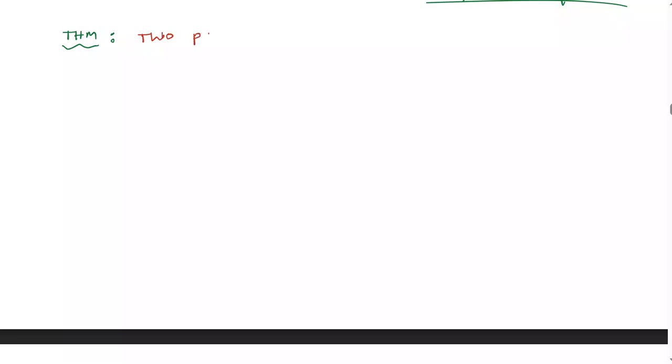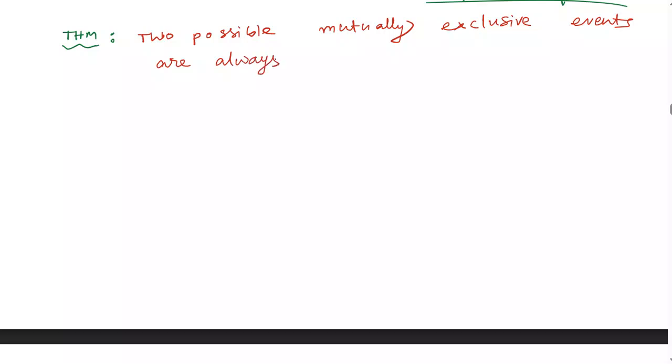Two possible mutually exclusive events are always dependent.